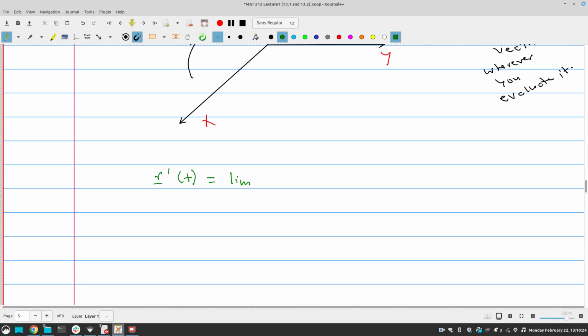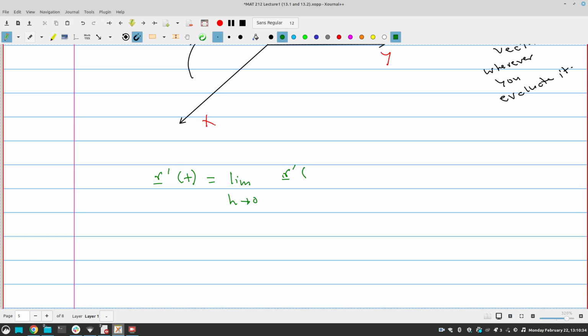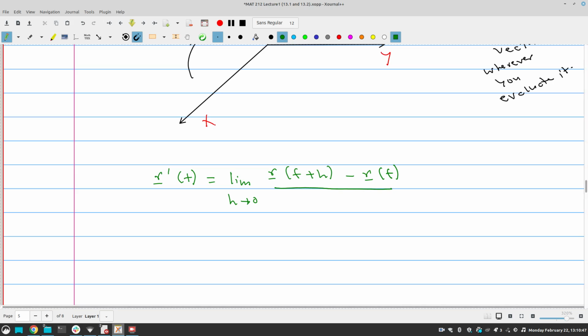So r prime of t is equal to the limit as h goes to 0 of r of t plus h minus r of t, divided by h.